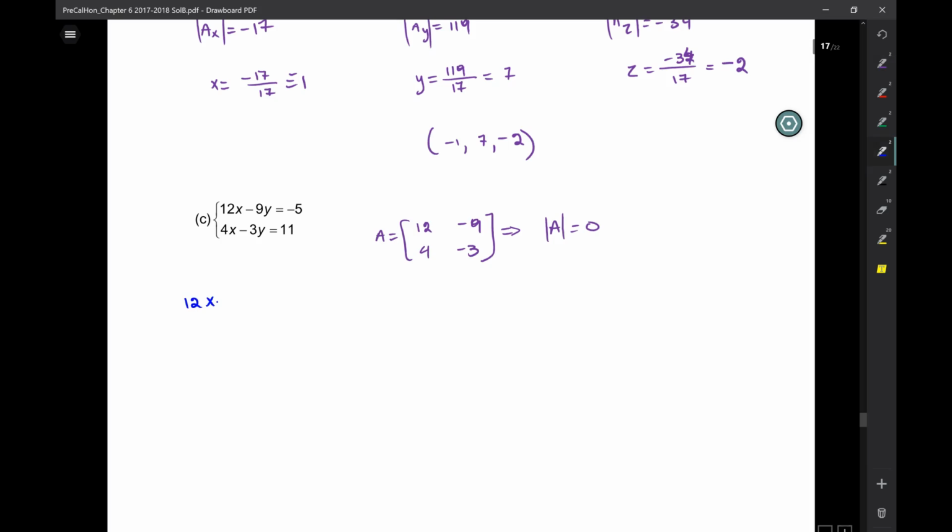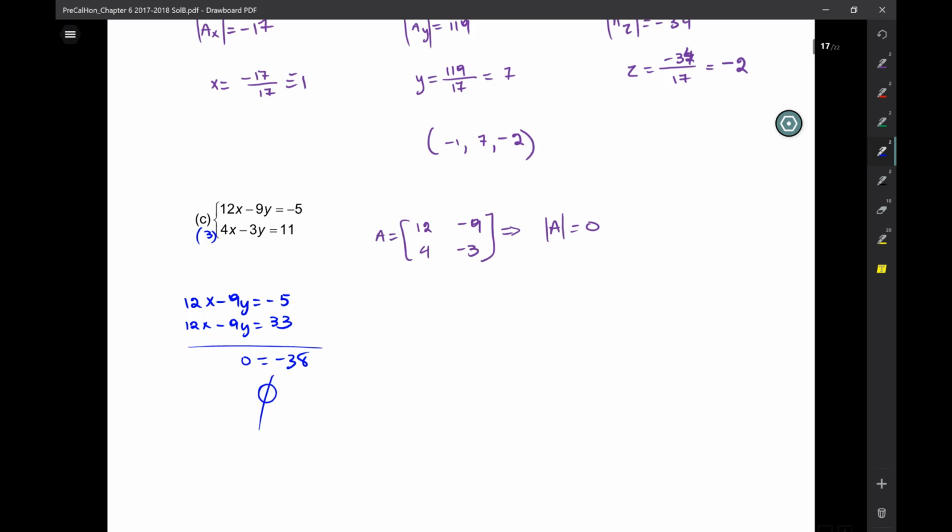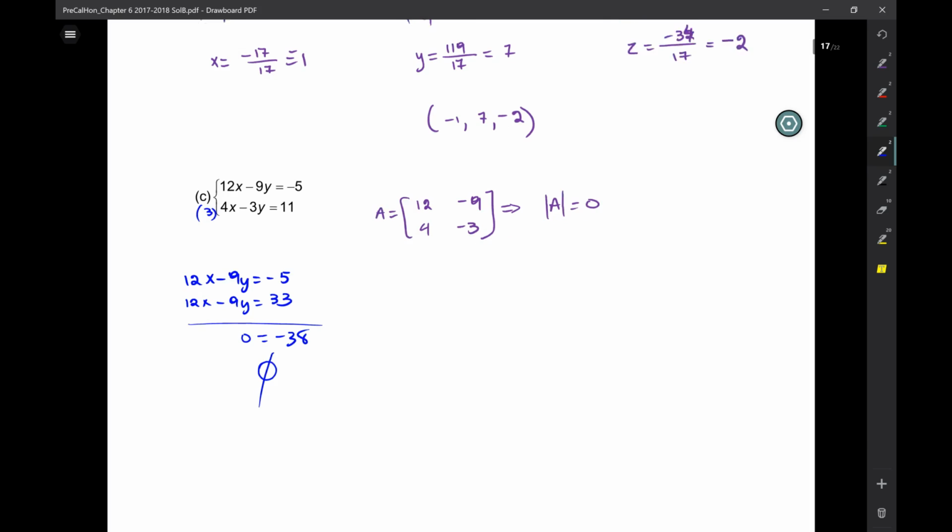You would get 12x minus 9y is equal to -5. And then if you divide this by 3, 12x minus 9y is equal to 33. And clearly you're going to get no solution there, right? Because if you subtract those two, you're going to get 0 equals -38, which is no solution. You see that? So you can figure out from there that it's no solution.